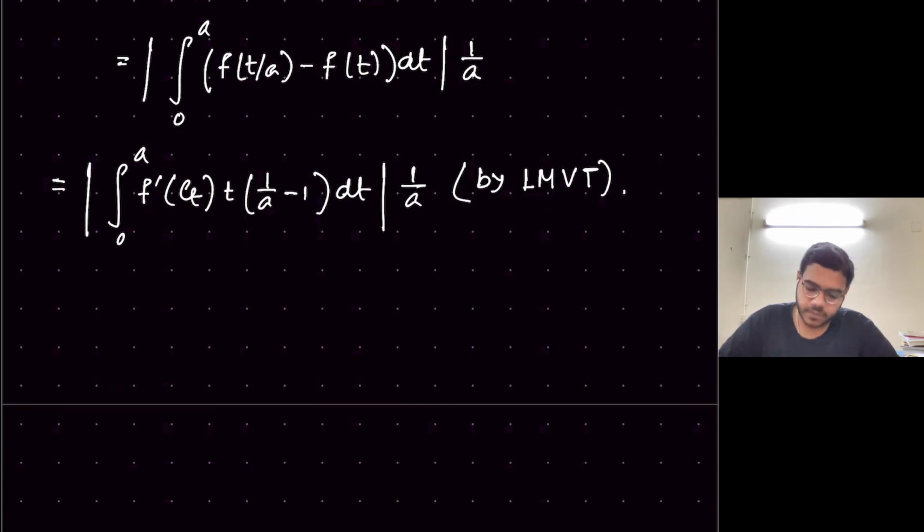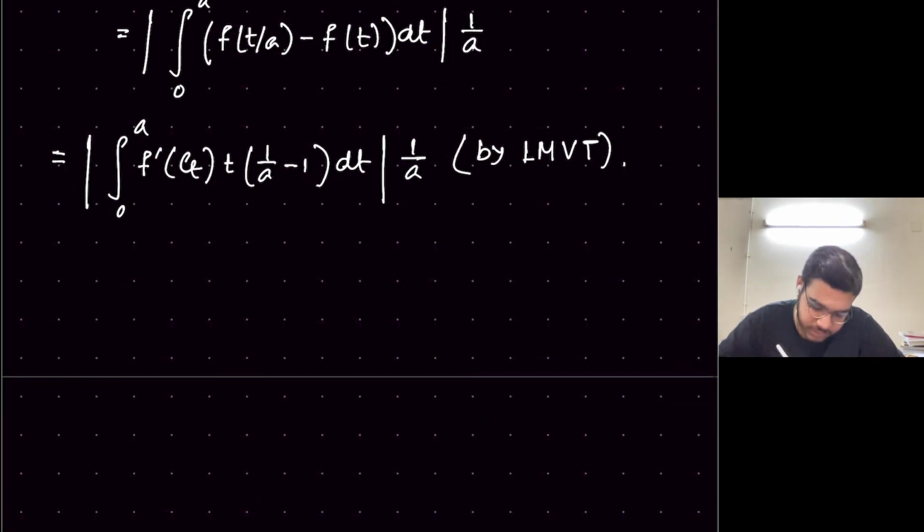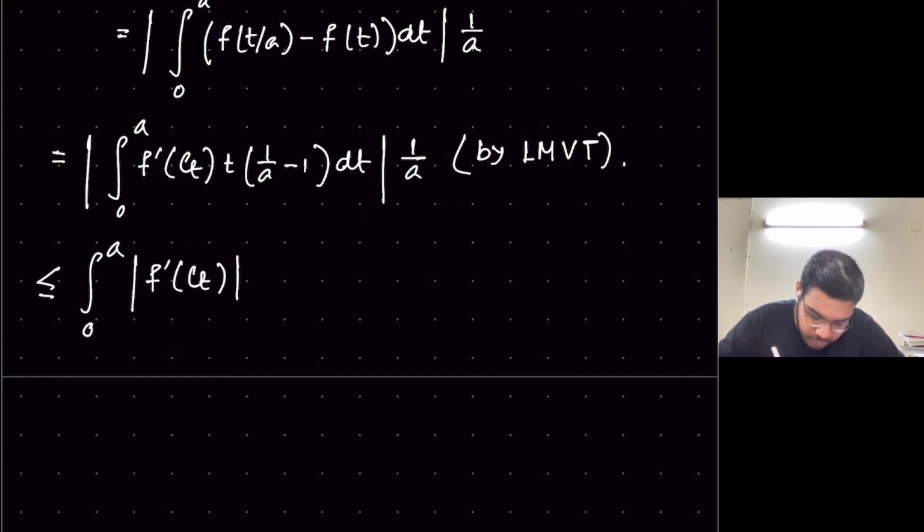Okay, fine. Now we'll apply an inequality here. The modulus of an integral is less than or equal to the integral of the modulus; we take the modulus inside the integral. So let's apply that: the modulus of f'(c_t) into t into (1/a minus 1) dt.